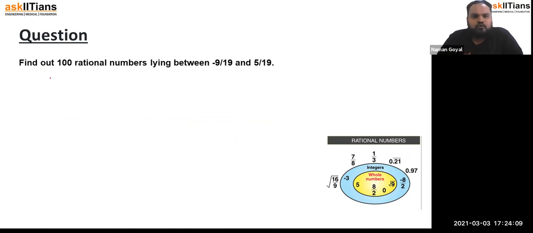So what I do, I just write down minus 9 by 19 and 5 by 19, right? They are two numbers, which is minus 9 by 19 and 5 by 19. So what I do, I just multiply each of these quantities by 20.